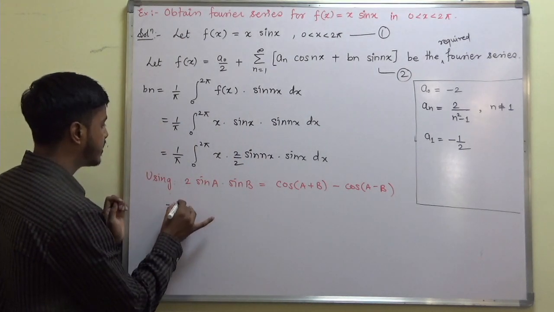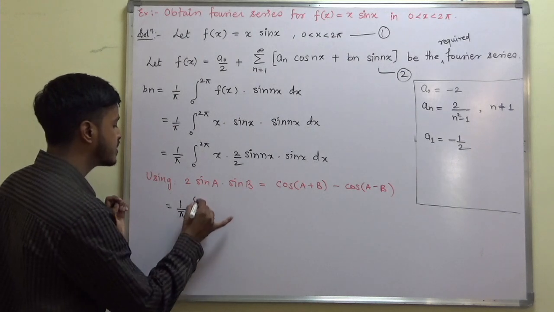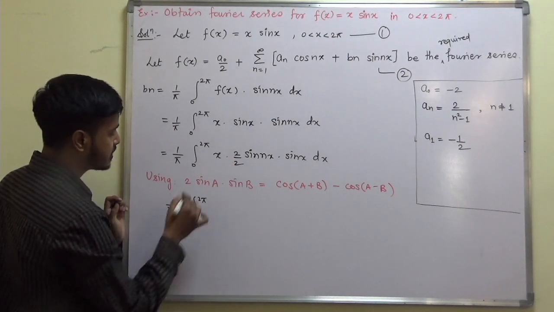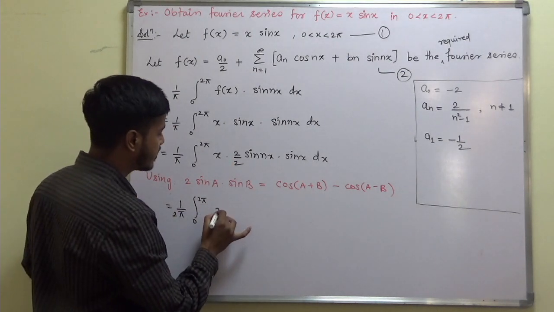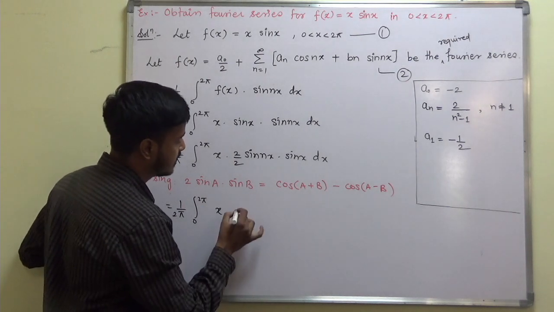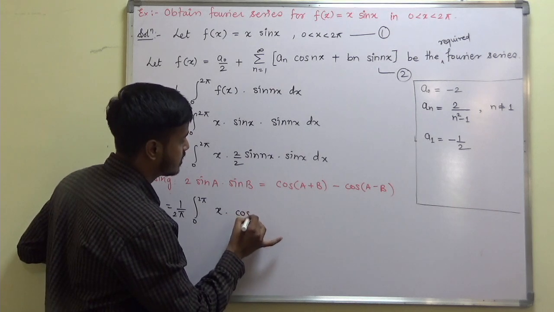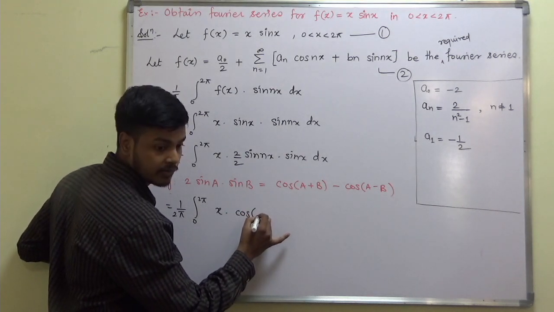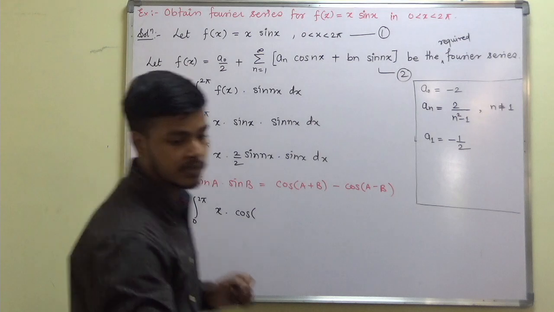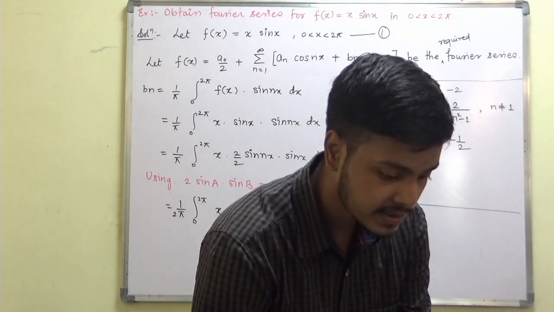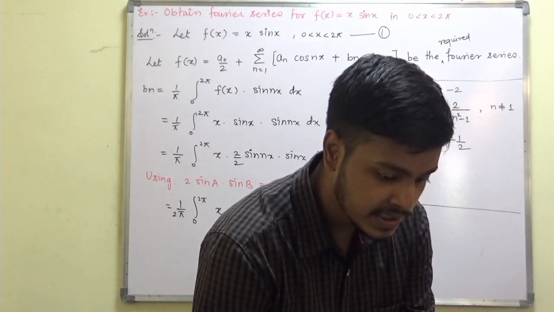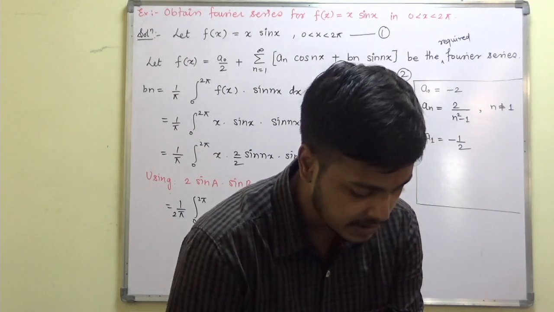So you can apply over here 1 by pi integration 0 to 2 pi. Take this to outside and here you can write x into cos n plus 1. Let me check.